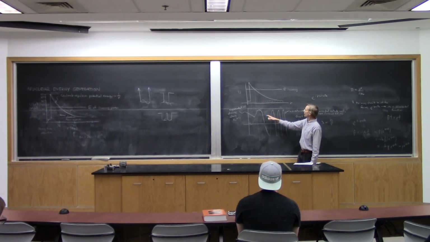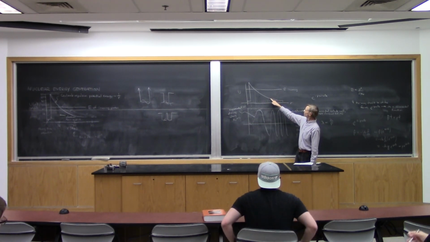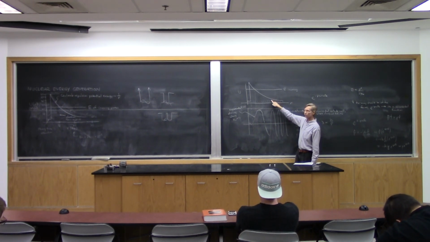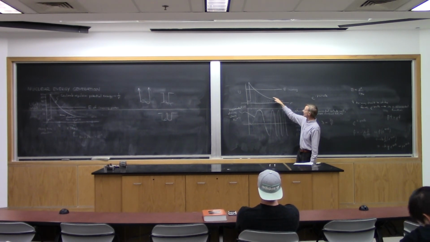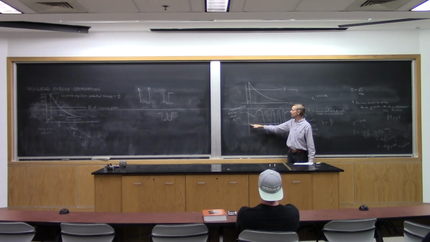If the classical turning point were way out here, if your energy is lower, then it would exponentially decay over a much longer distance, and the probability of finding it inside the well becomes so small that you'd have to wait a long time for it to accidentally really be there, in the quantum mechanical sense. Of course, it's always probabilities, but if the probability of finding it inside the well is too low, then the nuclear reaction rate would be vanishingly small. Hardly ever does it actually tunnel in.